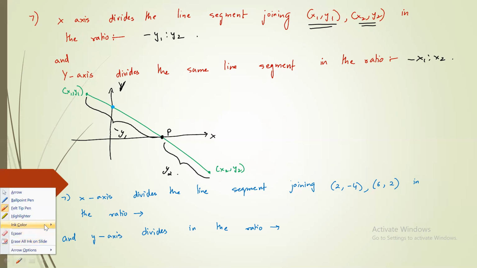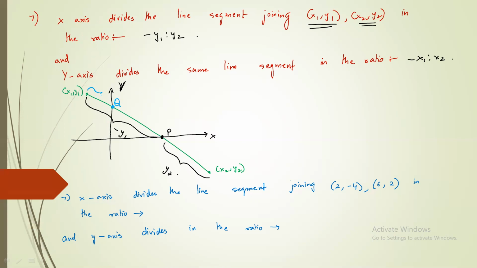Whereas y-axis is dividing the same line segment at Q. So in order to remember the ratio, we will write here minus x1 is to x2. This is the exact representation. I again and again remind you, this is just a rough diagram. And this is the way to remember. Actually, it is not the correct procedure, but we can remember it.